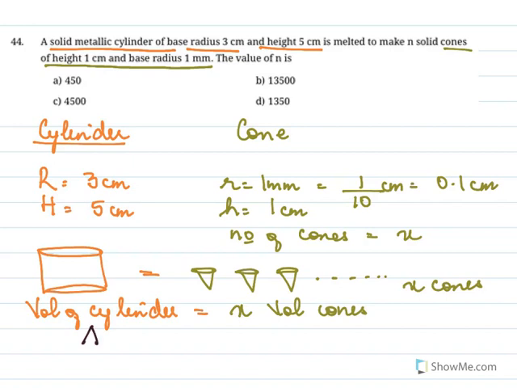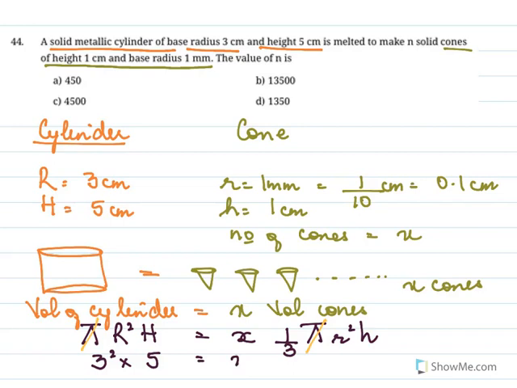So cylinder is pi r square h equal to x, 1 by 3 pi r square h. So we cancel pi. Let's put the values. Your r is here 3 square, h is 5, x into 1 by 3, and here we have r 0.1, the whole square, and the h is 1.